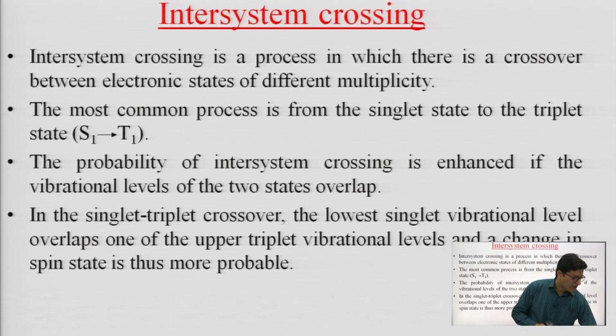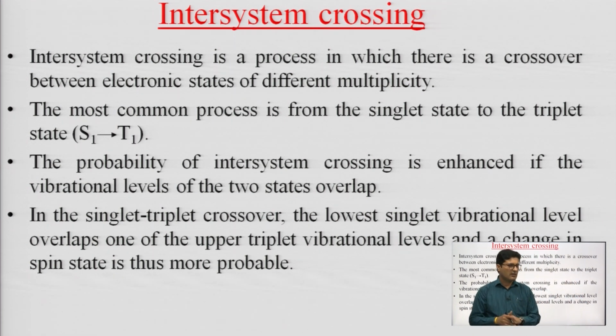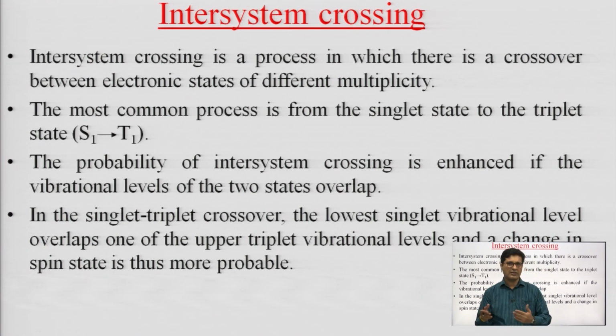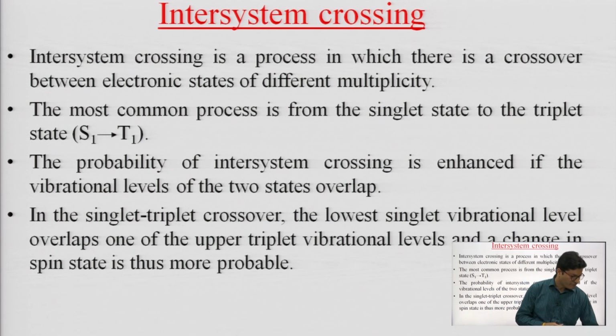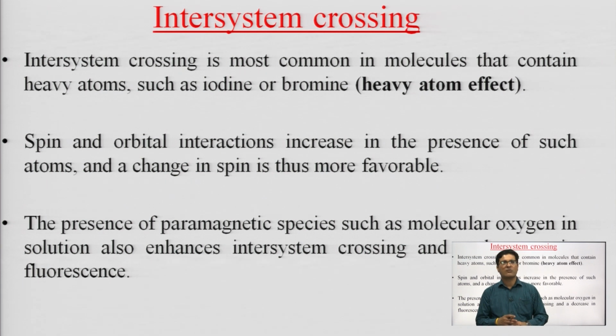Next is intersystem crossing. This is the crossover from the singlet state to the triplet state, and the probability is generally high when there is some overlapping between the singlet and the triplet state. This is most common in molecules that contain heavy atoms like iodine or bromine, and that effect is called the heavy atom effect.